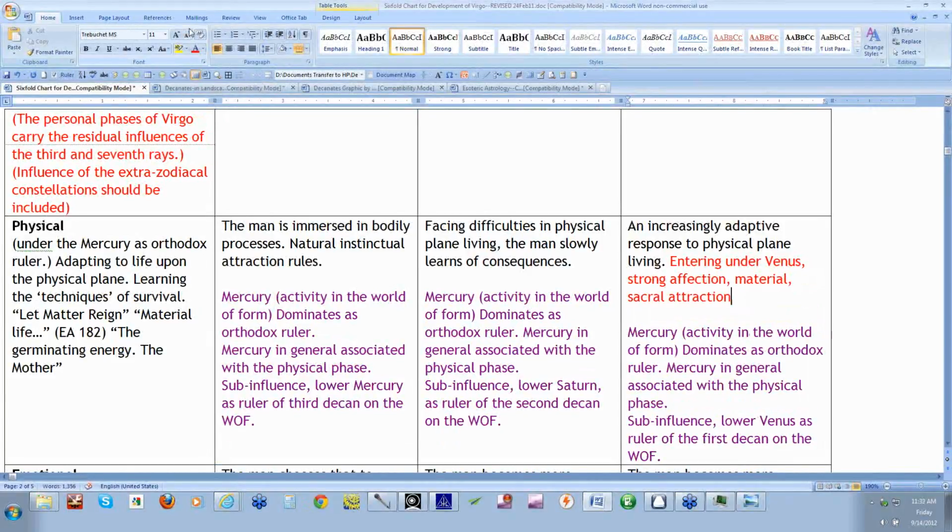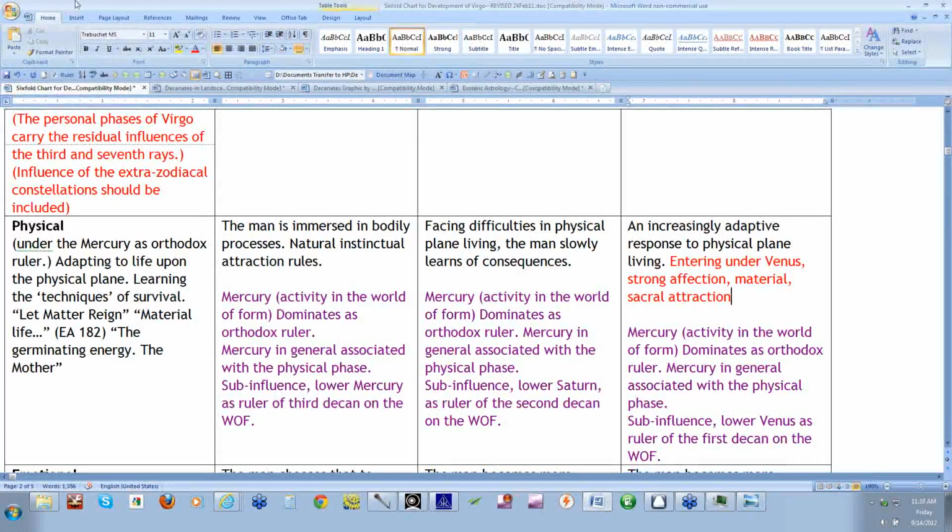And one would tend to reinforce the processes of reproduction and the production of forms. Under Saturn, we would have facing difficulties in physical plane living, and the man is slowly learning about consequences within the realm where matter reigns.